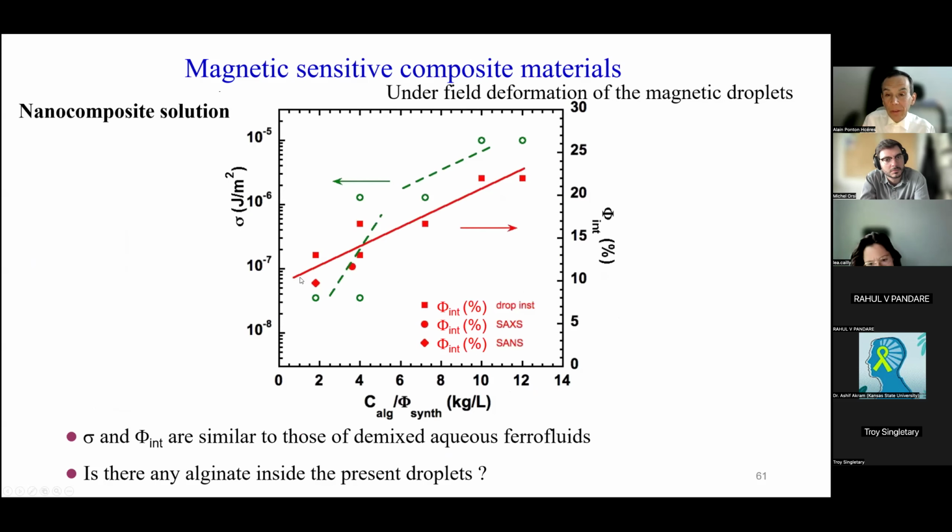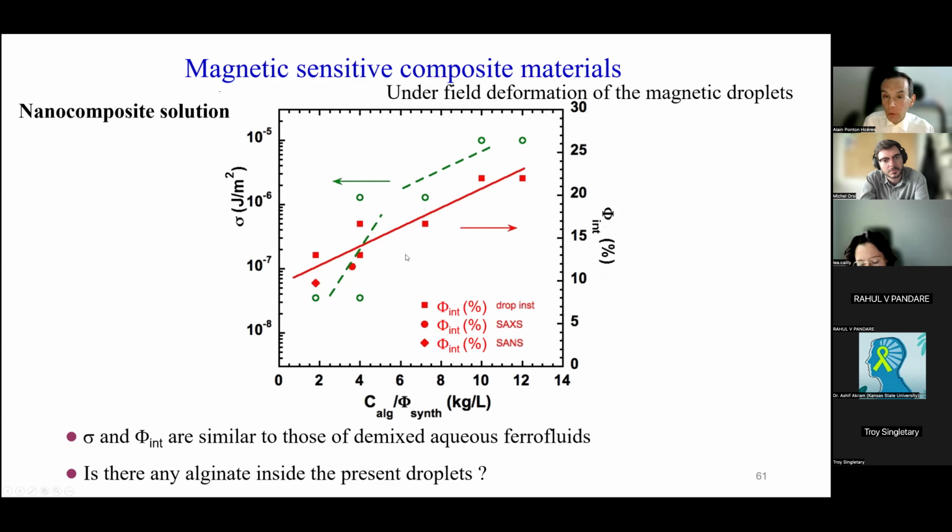And here, what is most interesting, we show the interfacial tension and the volume fraction inside the droplet as a function of the concentration of polymer normalized by the volume fraction of particles from the synthesis.